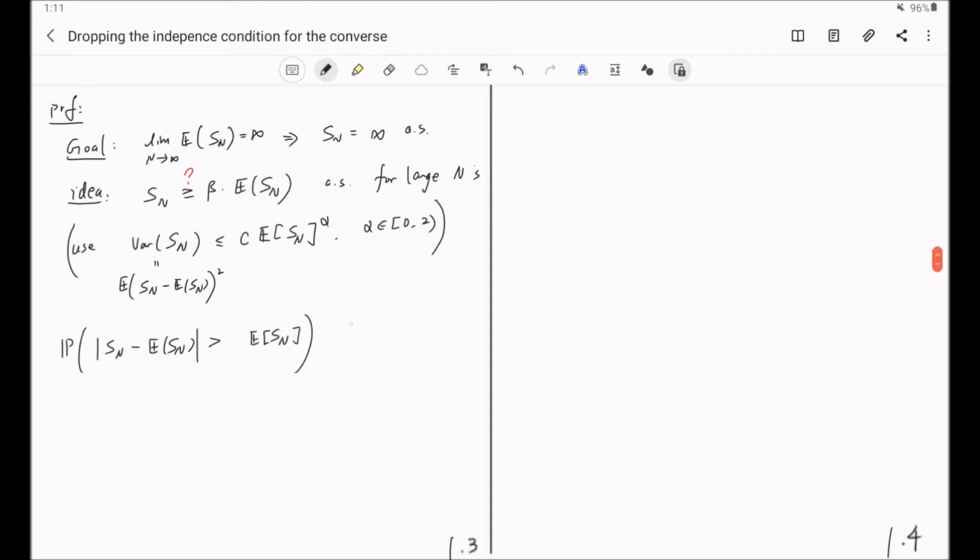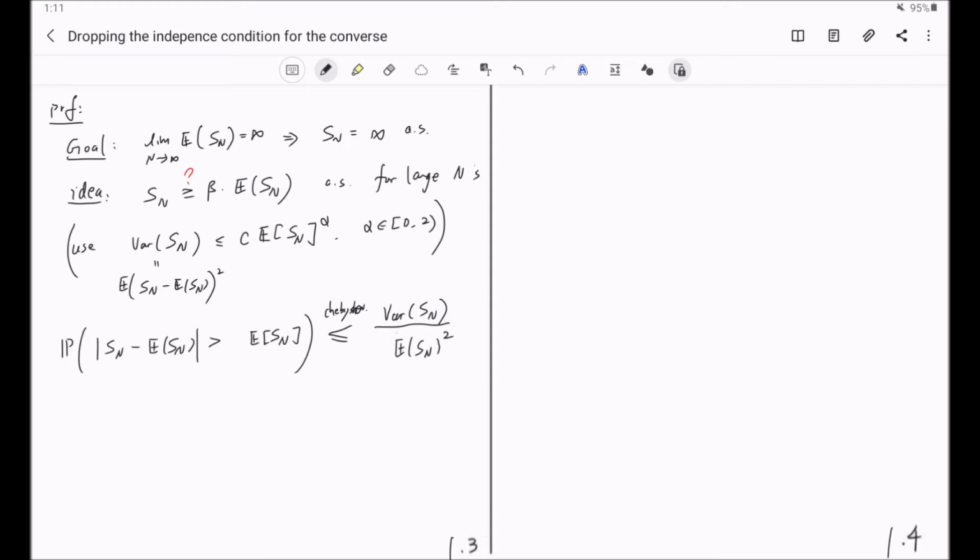And by the Chebyshev inequality, you have this probability. There will be some coefficients in here which we don't know. In the numerator you get the variance of Sn, and in the denominator you get this expectation squared.